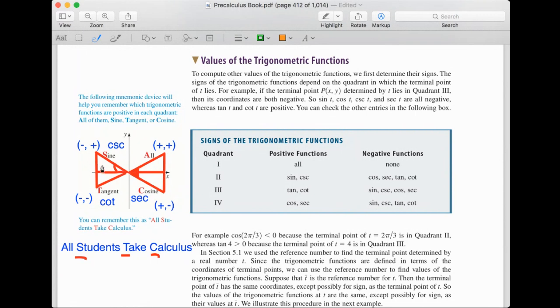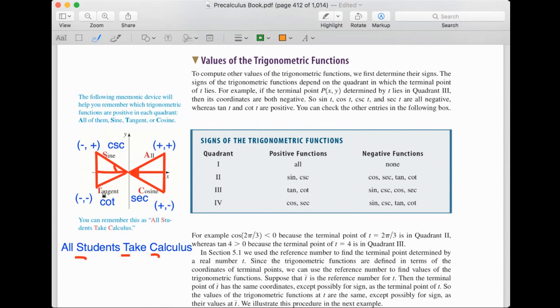In the second quadrant, only sine is positive, because only y and the hypotenuse are positive and x is negative. So only sine and its inverse cosecant are positive; others are negative.